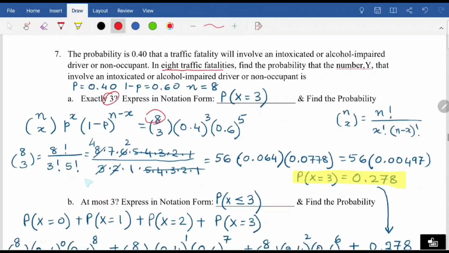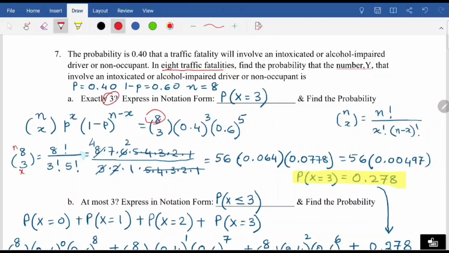So I've shown you how to use factorials to do this calculation. 8 combination 3 can be evaluated using the formula n factorial divided by x factorial times n minus x factorial. So 8 factorial divided by 3 factorial, which is the x. So this is our n, this is our x. So just plug in the values.